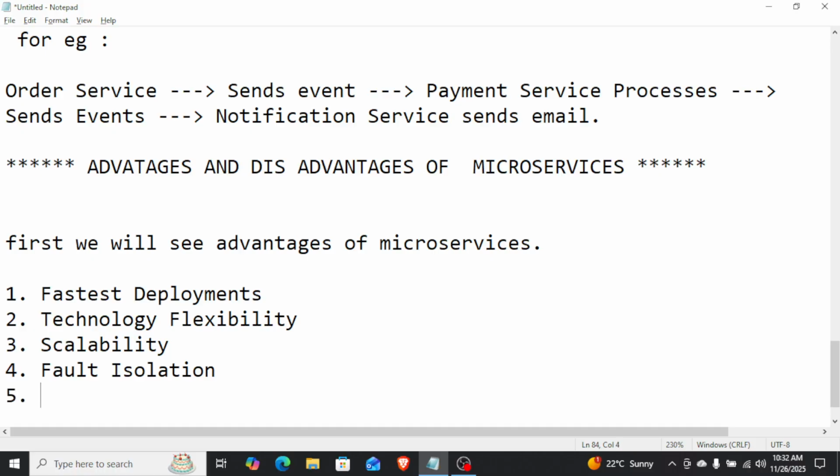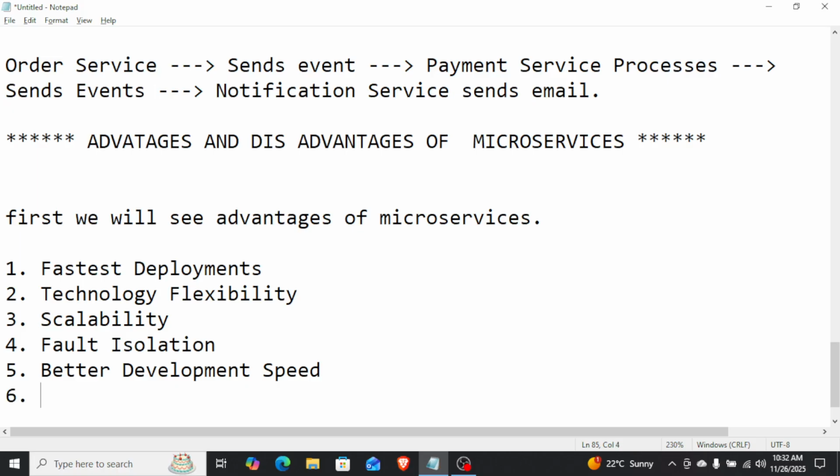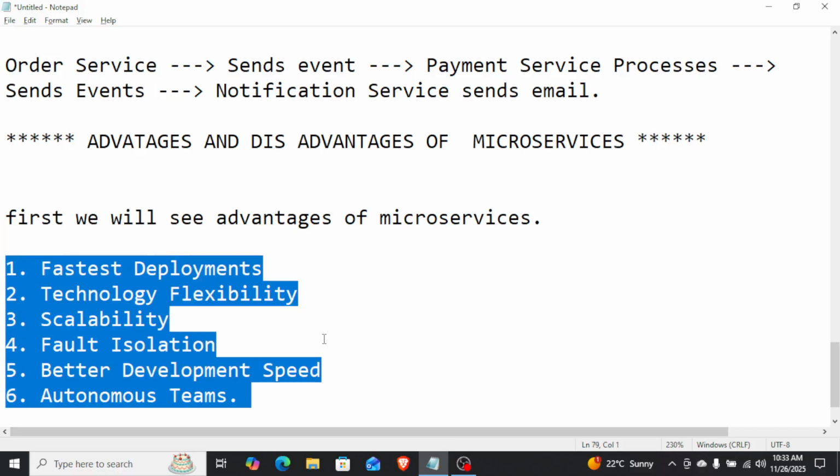Fifth is better development speed. Sixth is autonomous teams. So these are the six advantages of microservices.